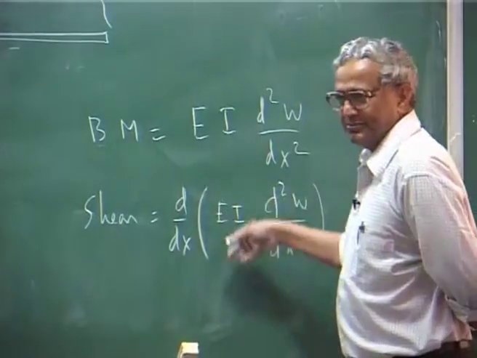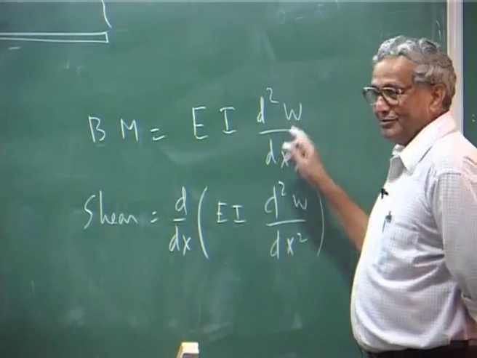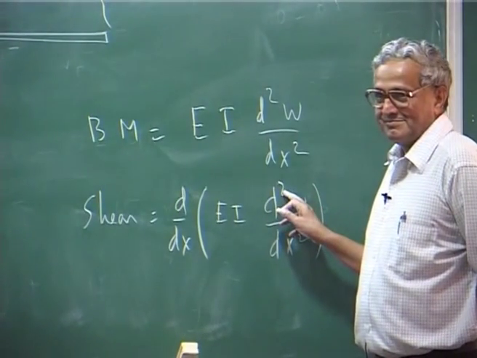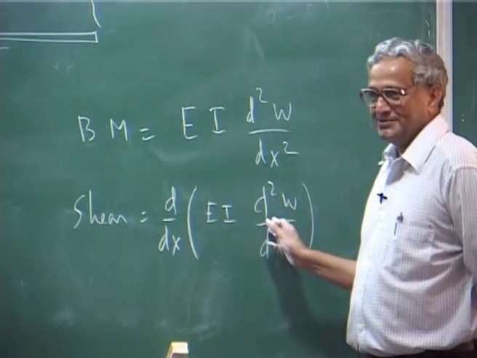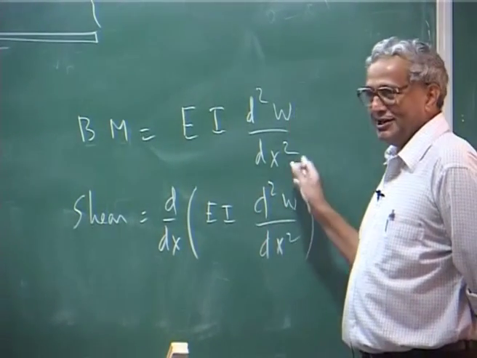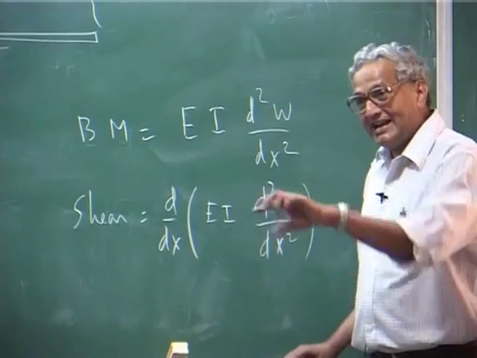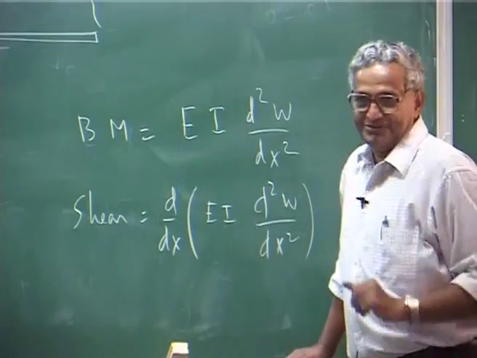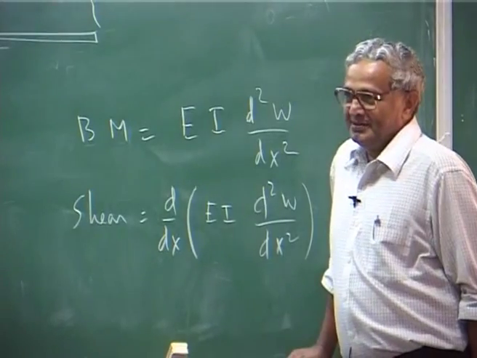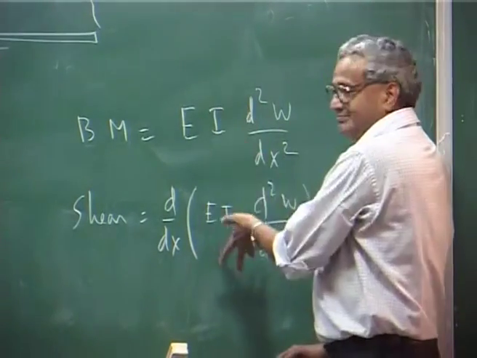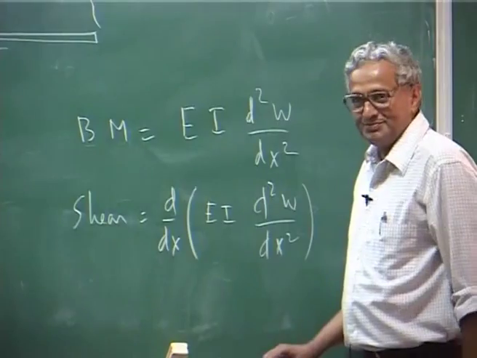This is the shear force, simple. Now, if you know w, you can get this at any location. You take the slope, you take the moment. So this is another way: you solve for w, you solve the deformation, and after that put it in.